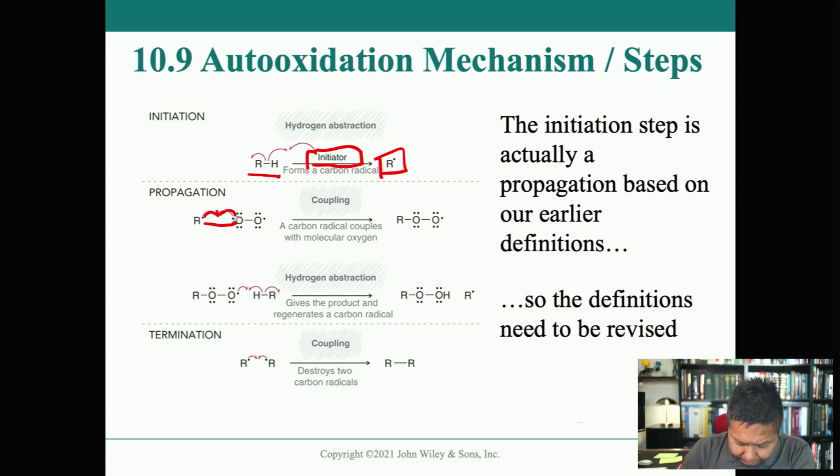Then another alkyl comes over, does another abstraction of the hydrogen, giving you the alkyl hydroperoxide and another alkyl radical. And termination occurs when the two alkyl radicals come together to form a new carbon-carbon bond, right?